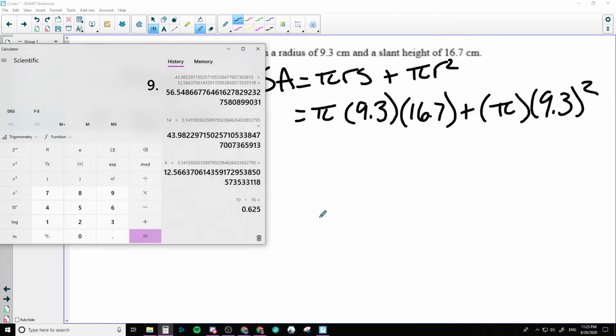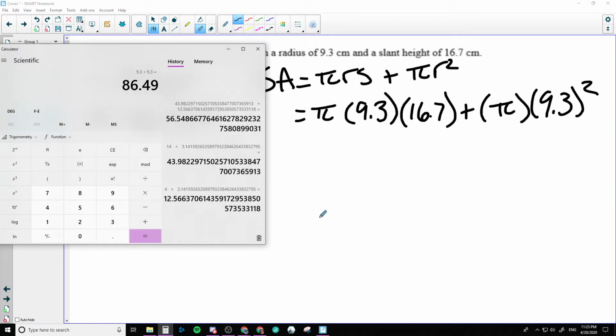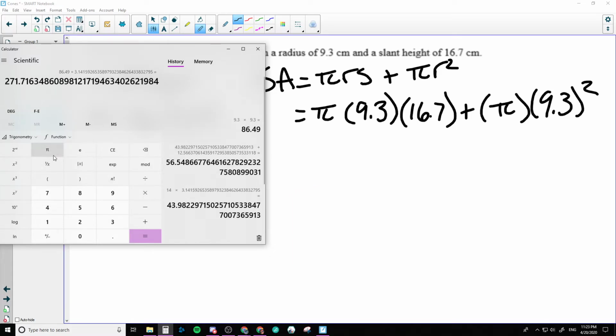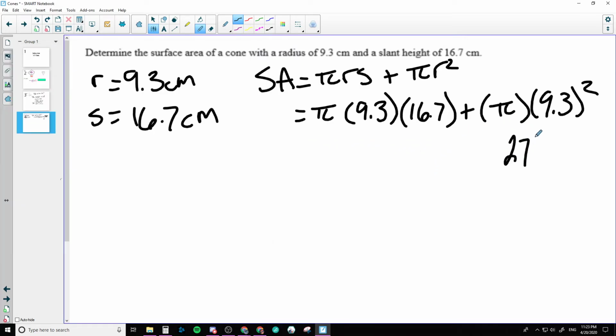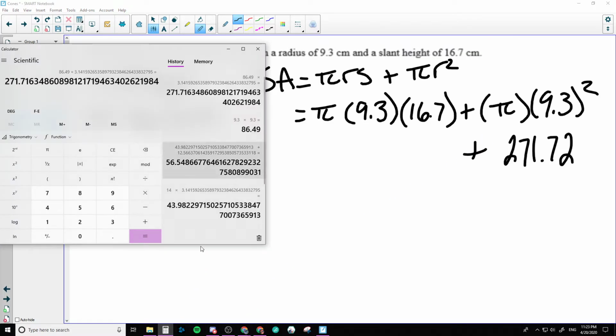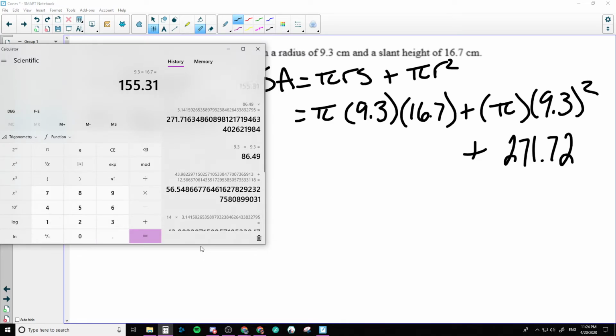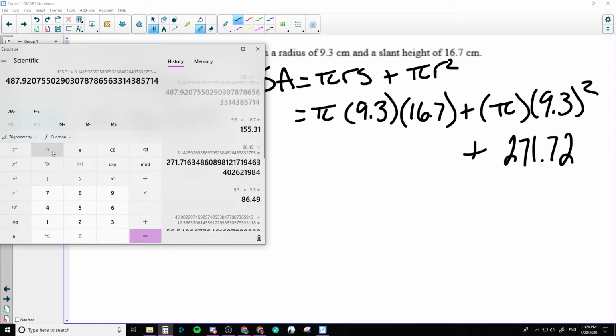Okay, so 9.3 squared is 86.49, times that by pi gives us 271.72. And this first part of our equation here, 9.3 times 16.7, and then times that by pi gives us 487.92.